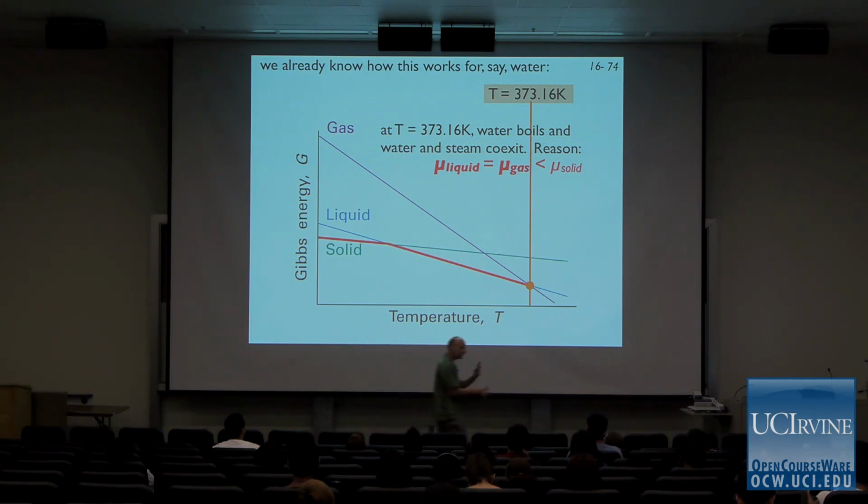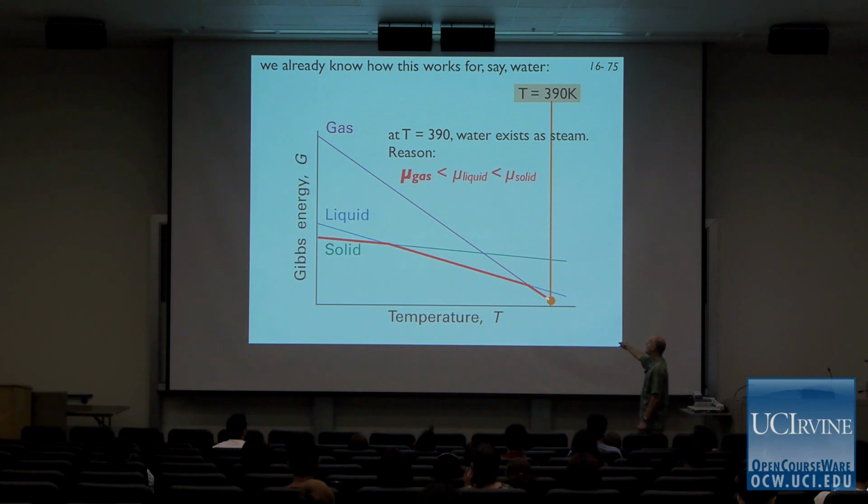This phase coexistence can only happen at equilibrium at this phase transition temperature. And then if you go to still higher temperatures above the boiling point, only gas phase water is possible at, for example, 390 degrees Kelvin. And so the way the system evolves is shown by this red line because the red line indicates the minimal chemical potential of the water at each one of these temperatures.